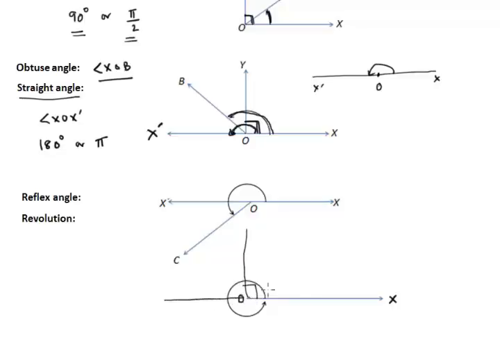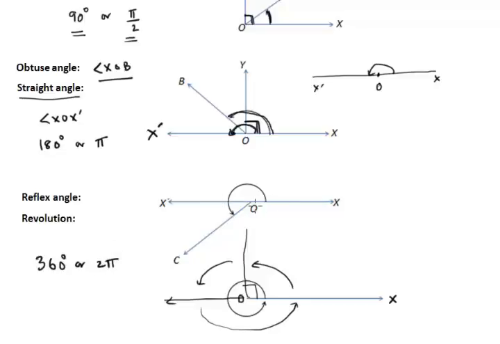If it rotates and goes in the opposite direction, then it makes a straight line. And if it rotates back again to its initial direction, then the whole angle is called a revolution, one complete revolution, which is 360 degrees or in radian units 2 pi.